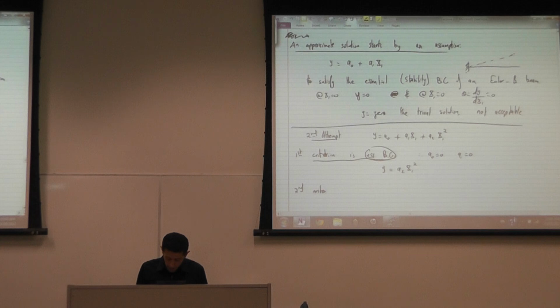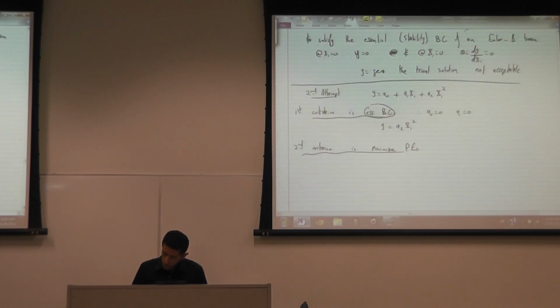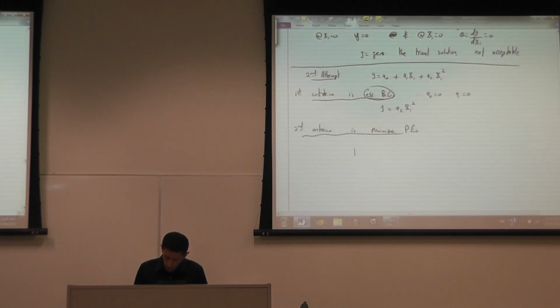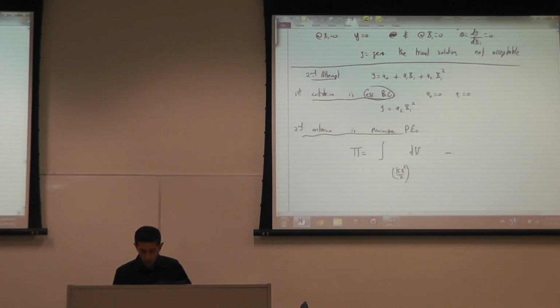Second criterion is minimize potential energy. Potential energy of the system is written as follows. The strain energy inside the elastic object, which is similar to kx squared over 2, minus the work done by the external forces, which is similar to mgx.